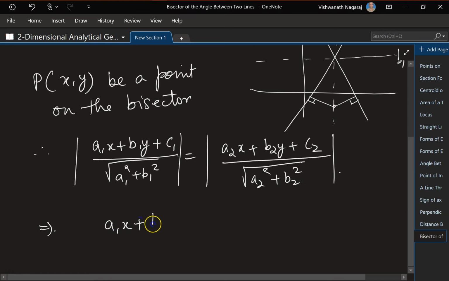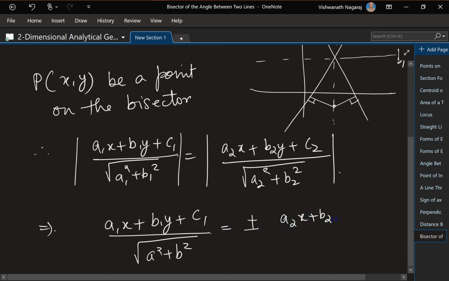A1x plus B1y plus C1 by square root of A1 square plus B1 square would be equal to plus or minus A2x plus B2y plus C2 by square root of A2 square plus B2 square.